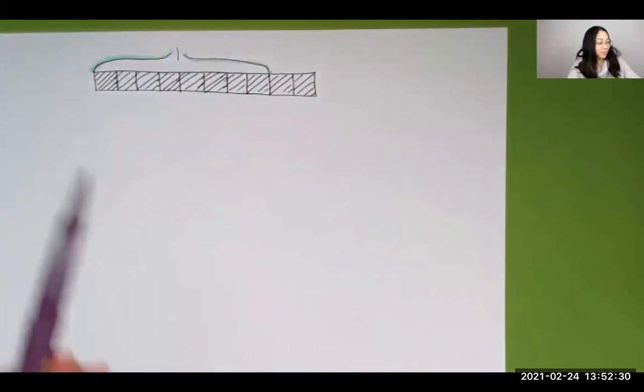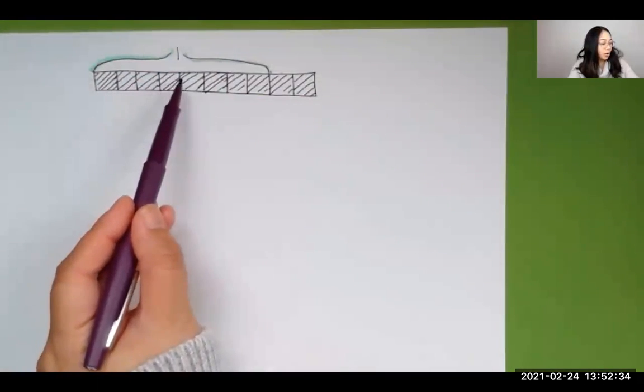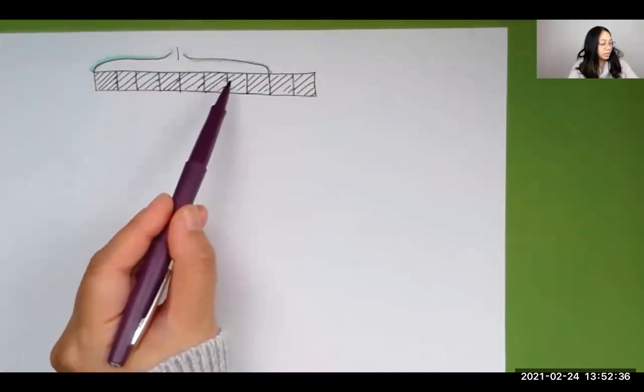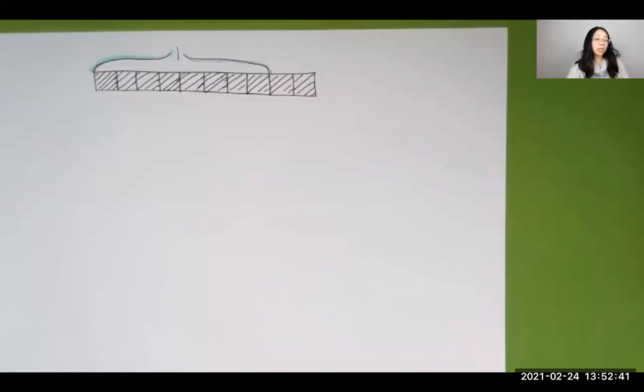Let's count together. 1, 2, 3, 4, 5, 6, 7, 8. The bracketed portion of this tape diagram shows 8 fractional units. What is the total number of eighths shaded in? 10. So, what is this fraction? 10/8.